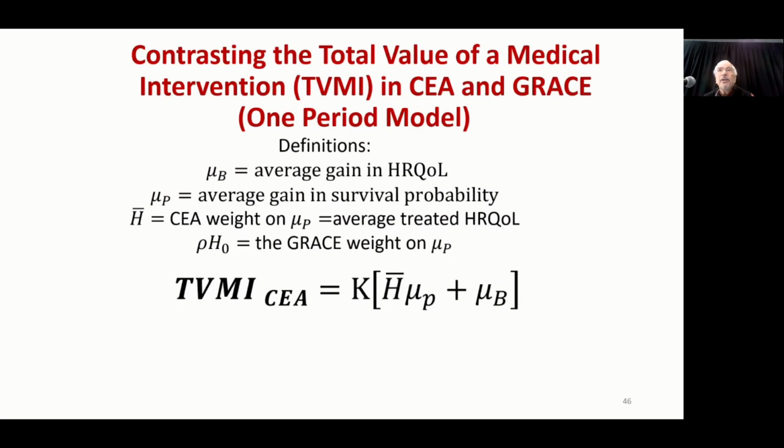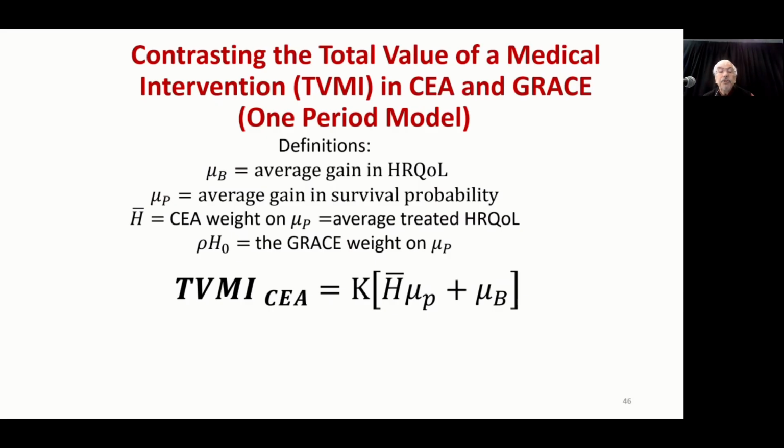Now, to summarize, I want to develop for you what I call the total value of a medical intervention, the TV. If we talk about the average gain in health-related quality of life as mu B, let's say for benefit, and mu sub P is the average gain in survival probability, and H bar is the average level of health in the treated state.